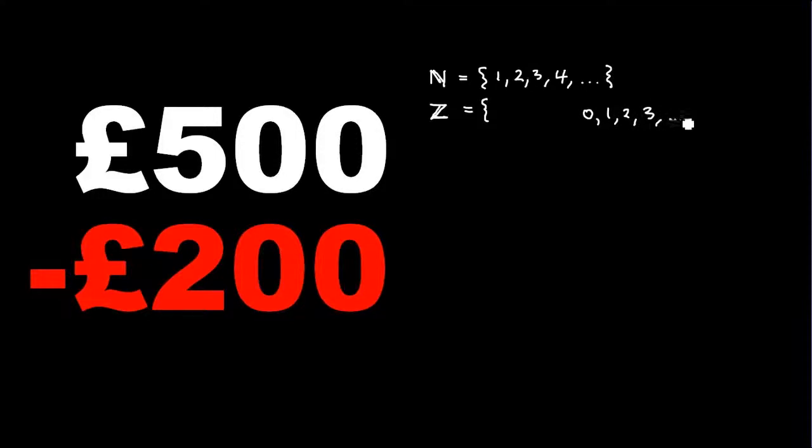And then we needed to think in the negative direction because of this idea of things being owed to somebody, for example, or going below the level of 0. Okay, so that's why we work with the integers, and that's why the natural numbers are quite restrictive.